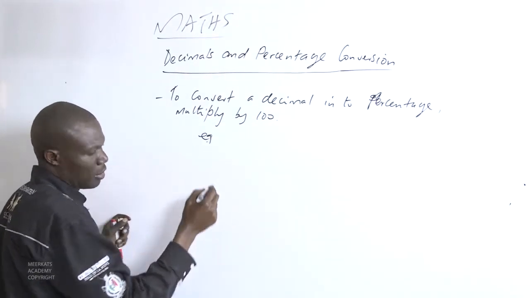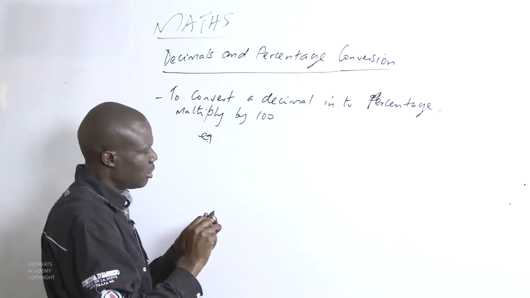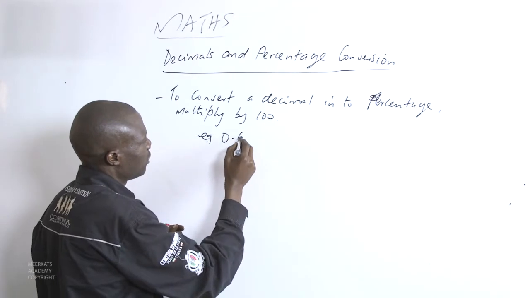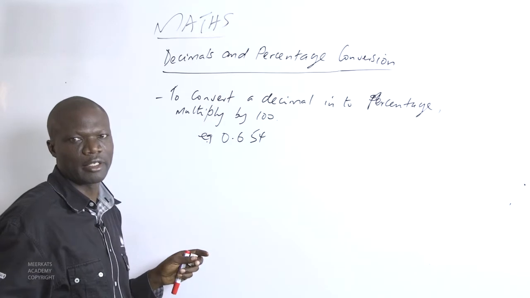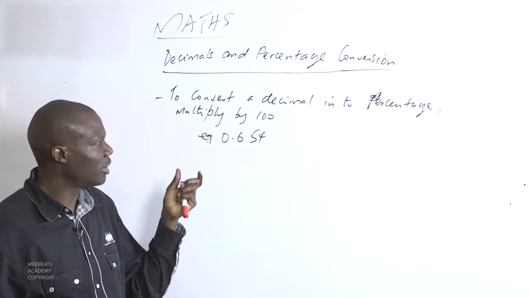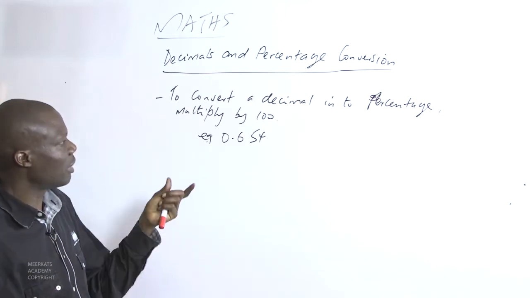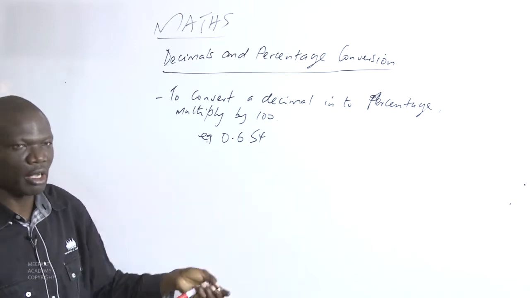For example, let us look at converting 0.654. This is a decimal. We are required to convert this decimal into a percent. As said here, we only need to multiply by 100.